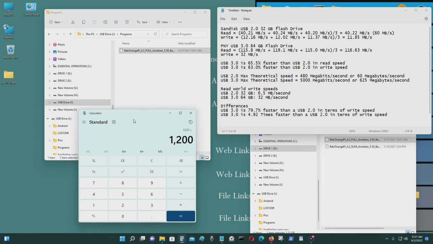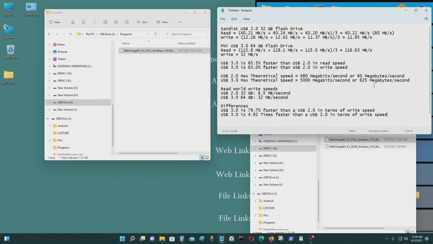So that's about 1,200 megabytes, and the speed that I was getting was about 6.5, so that took about 3 minutes and 4.2 seconds to transfer that file. So the USB 3.0 drive would definitely be worth getting compared to a USB 2.0 drive, simply because it's faster.